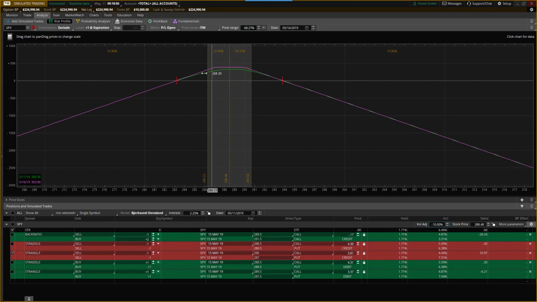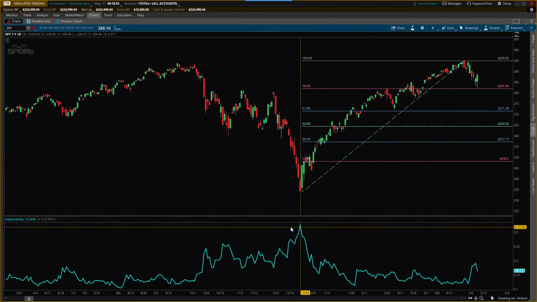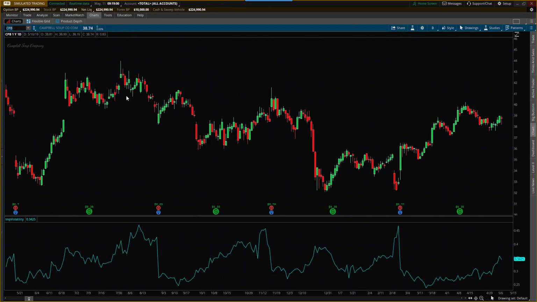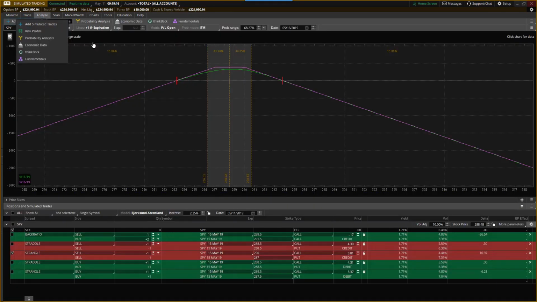All you need to do is hang on for the ride and let the volatility get crushed out of the product. So for an example, in Campbell's, after its earnings announcement, this crush in volatility alone, setting aside the price move, can make your trade hit a profitable target so that you can exit. You wouldn't want to hold it into expiration.